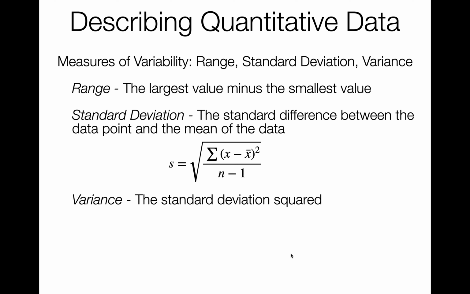There's a third measure of variability that the book will talk a little bit about, and it's called variance. It is literally the standard deviation, which we just talked about, squared. Okay, I just square that number and I get the variance. You might ask, well, why do we care about the variance then?